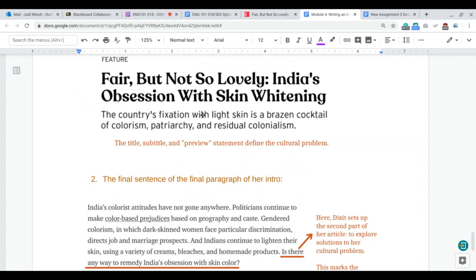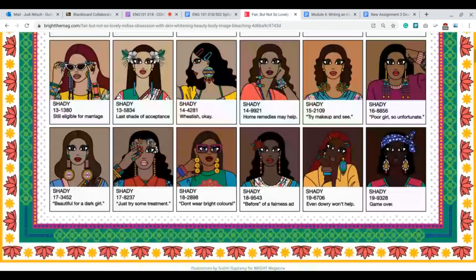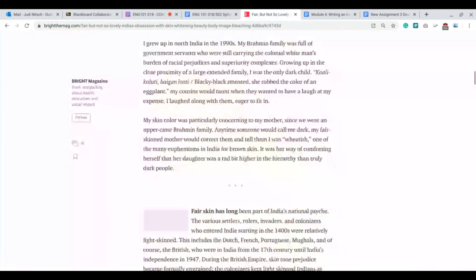So this title gives us the reader expectation of a serious problem, complex problem defined, and then some idea of solving that problem. So this is Fair But Lovely's introduction. This is just focusing on text. We're going to get into image and hyperlink and all that other stuff later.